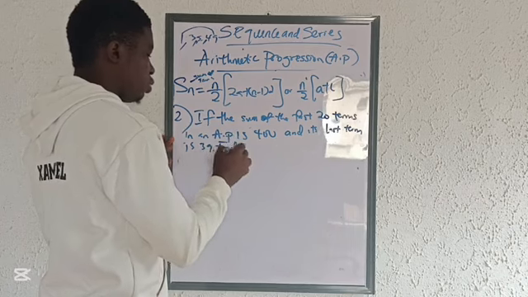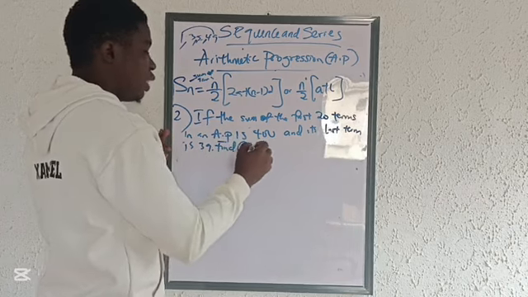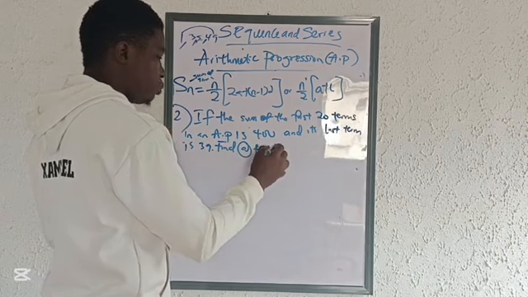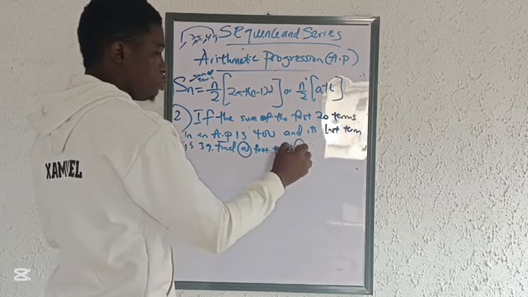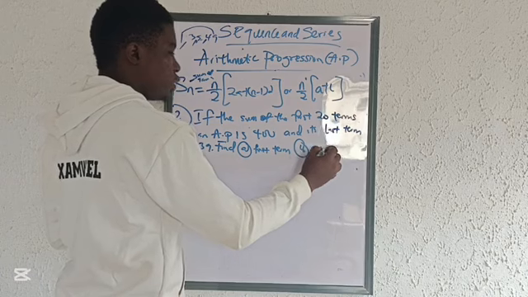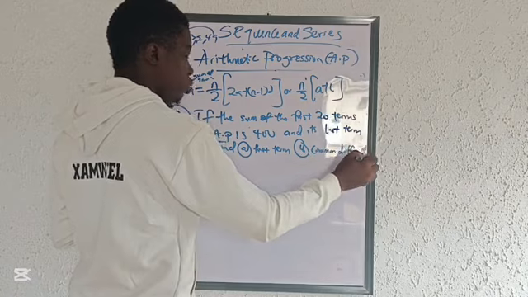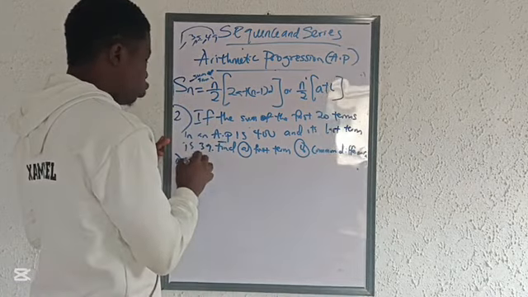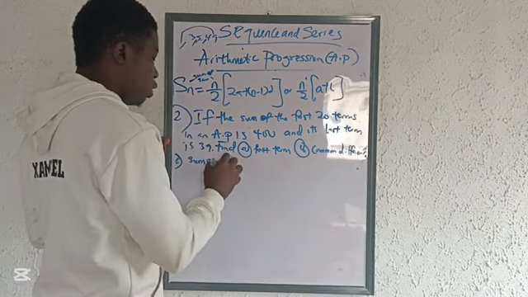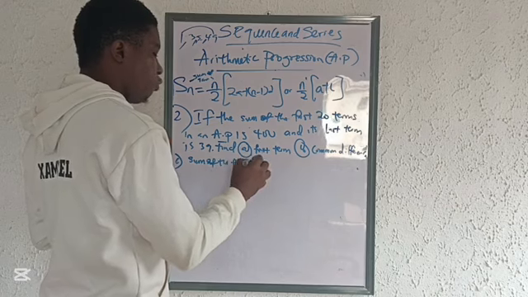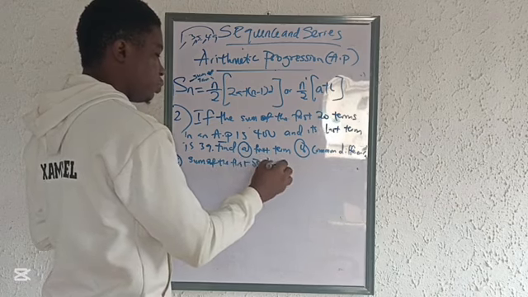Find A, the first term, B, the common difference, then the last one, C, the sum of the first 50 terms.